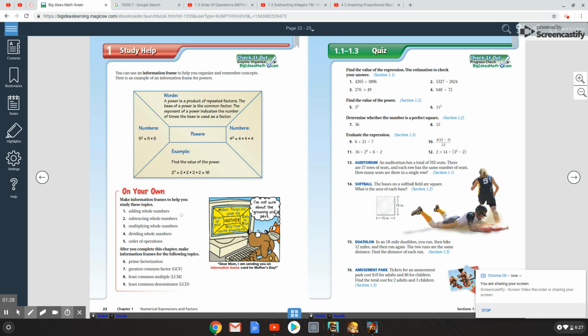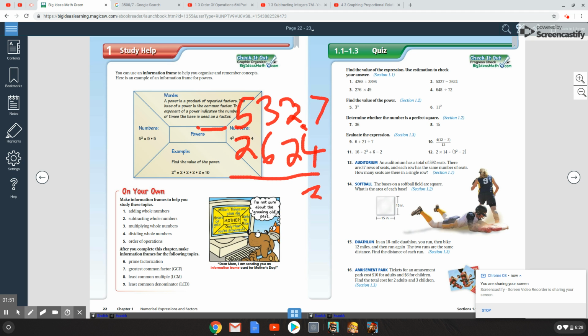Our second problem is 5,327 minus 2,624.